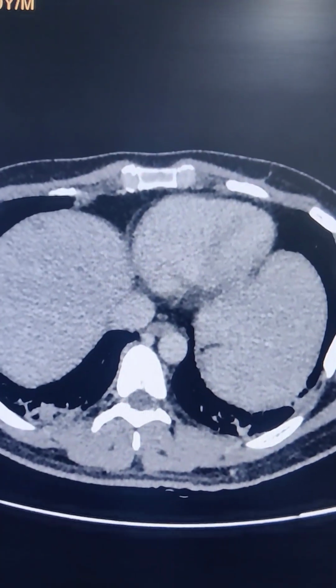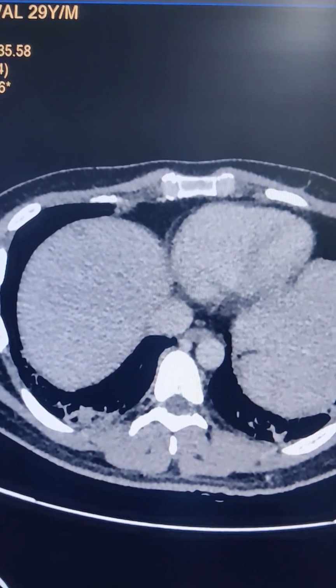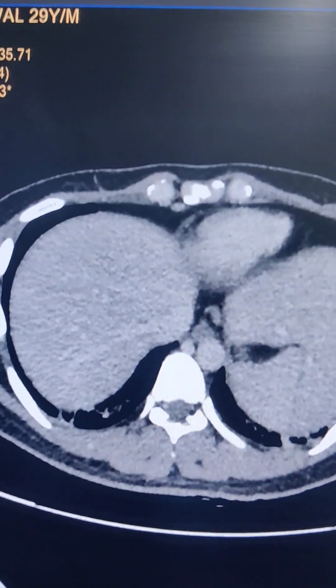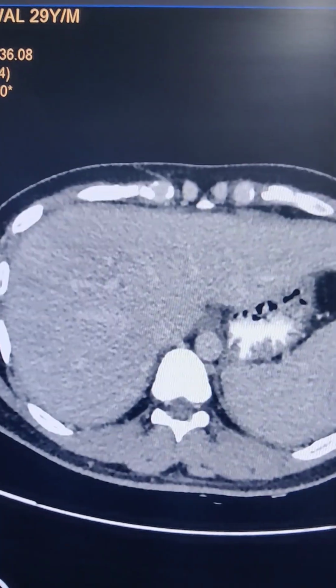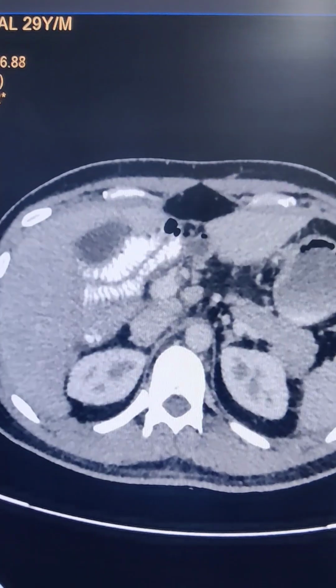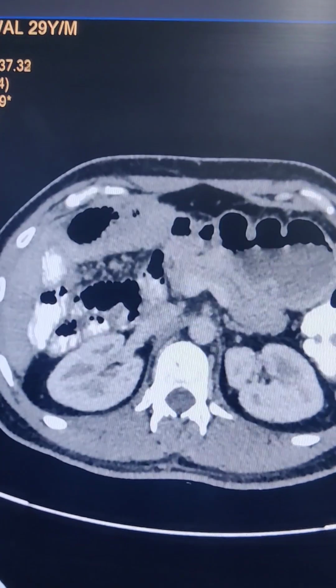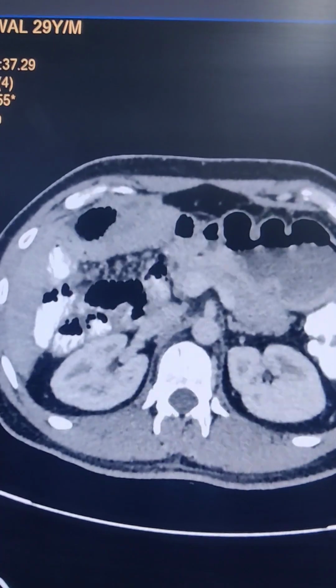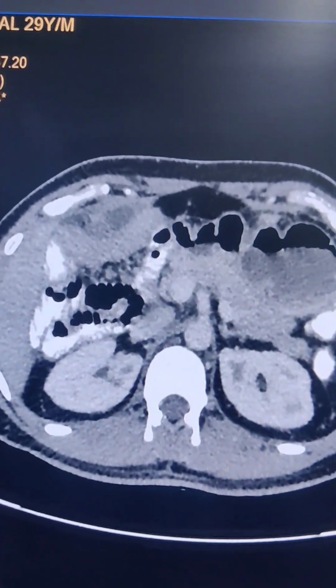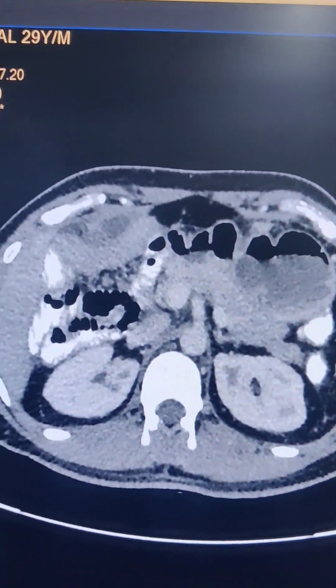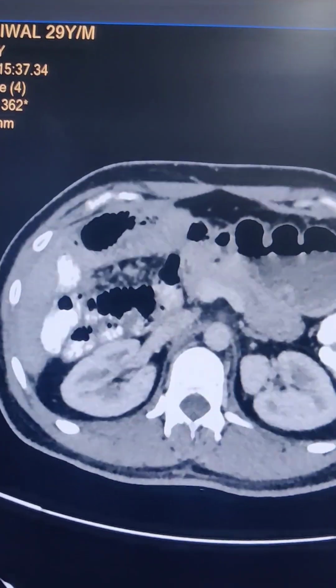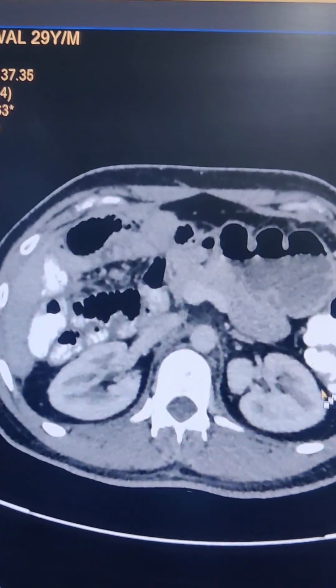But in cases of malrotation and non-rotation, this relationship is altered. The SMA and SMV can have a vertical relationship or an inverse relationship. In inverse relationship, the artery lies on the right and the vein on the left, and in vertical relationship the vein lies anterior to the artery.